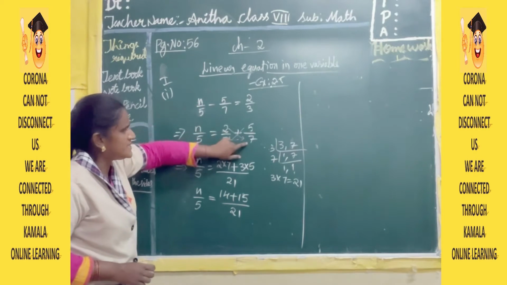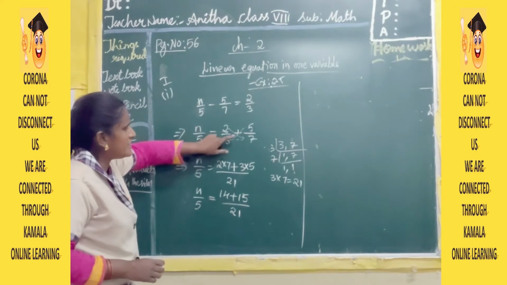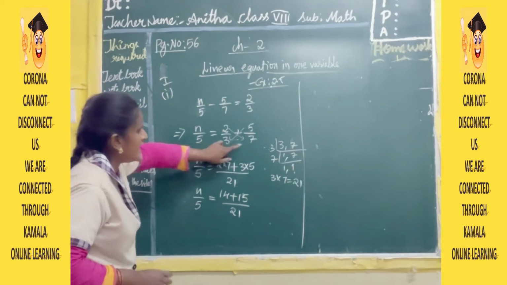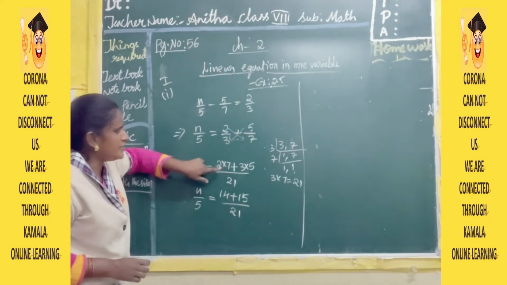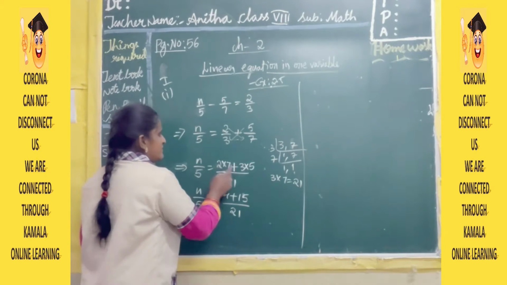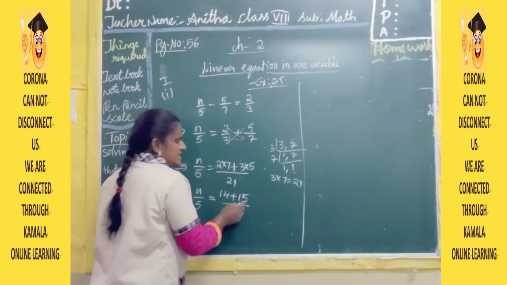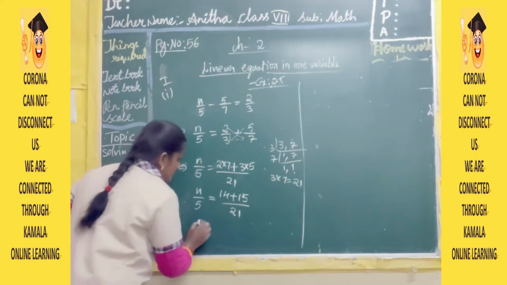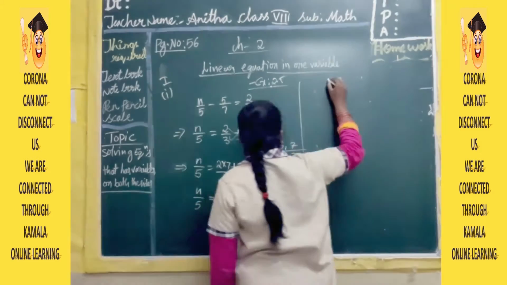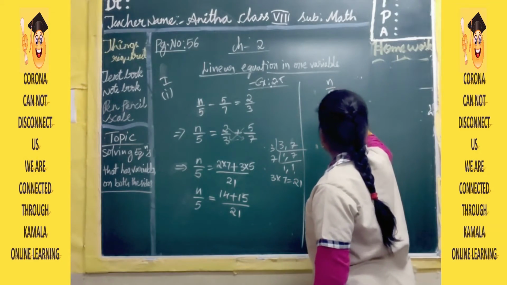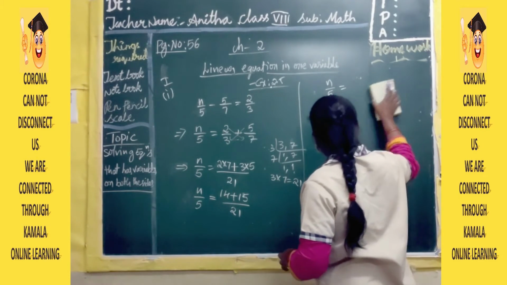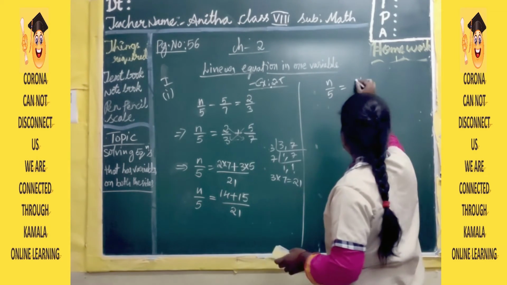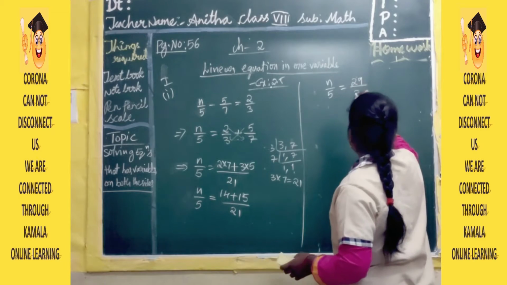This will go to this side: 2 by 3 plus 5 by 7. Take the LCM of these two values and do the cross multiplication. You will get the idea. 7 2s are 14 plus 3 5s are 15 by 21. So n by 5 is equal to 14 plus 15, which is nothing but 29 by 21.